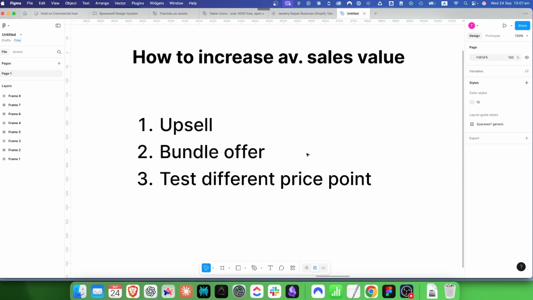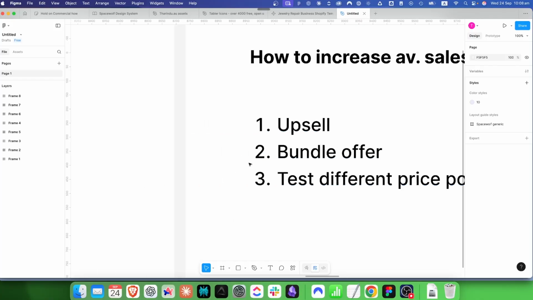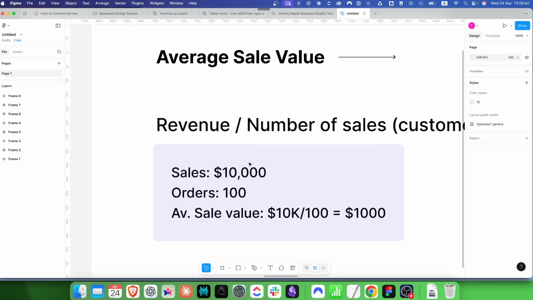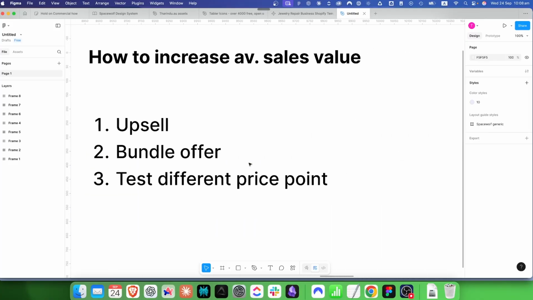If you're in digital marketing, for example, this is something that I do. You bundle search engine optimization and Google Ads and maybe website optimization, and then you can create a bundle offer. You discount each package, so when the client buys it, they get a good deal, but you also get a good deal because the average sale value increases.